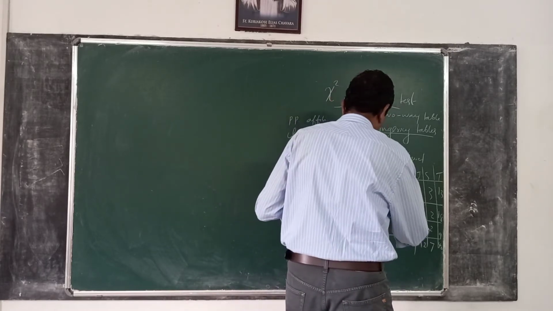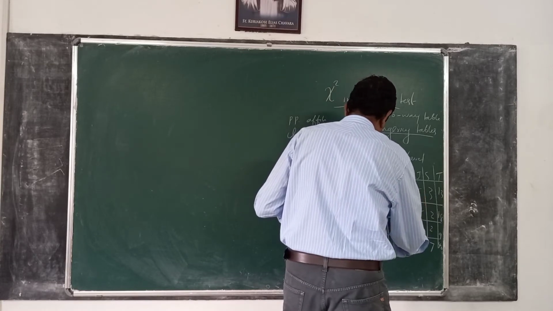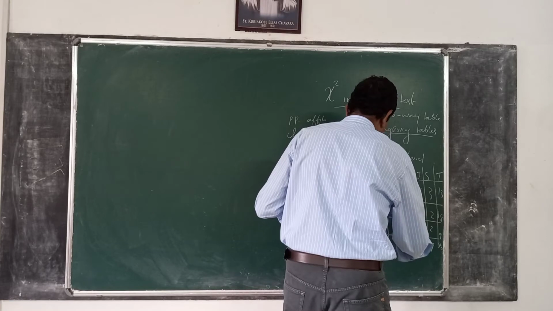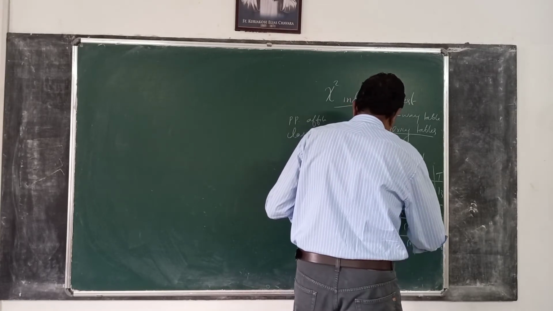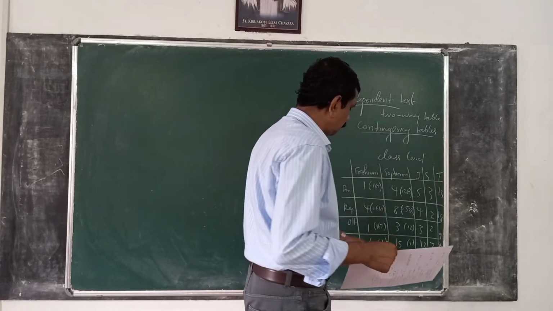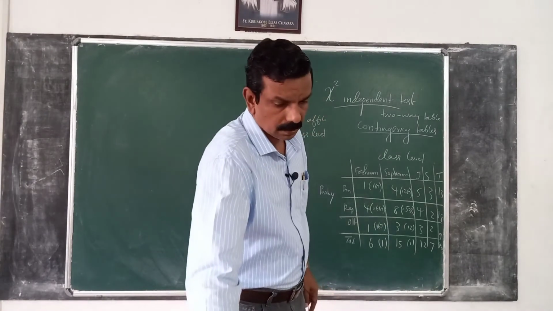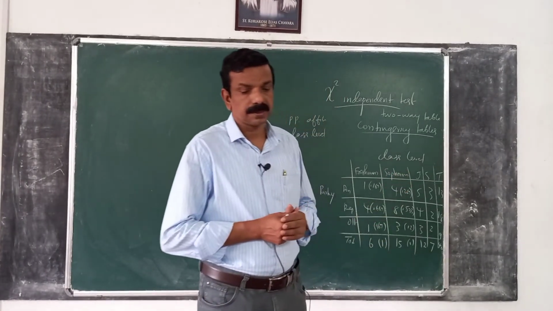Here it is 0.267, 0.533, 0.2, 1. Then this is 0.14 and similar values. Each entry is divided by the column total. You will get an idea about association.